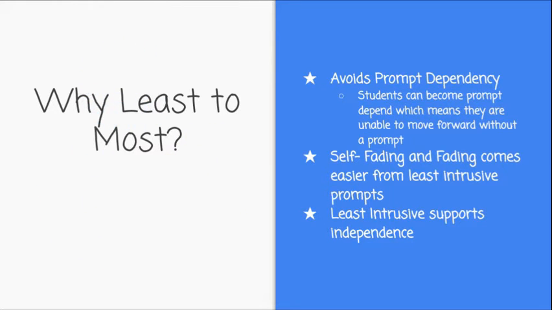And fading the prompts doesn't necessarily need to be an IEP goal because that's really modifying our own behavior to support the student as we get into them becoming more independent. So this can either be a self-fading or again a staff fading, and that comes easier from least intrusive prompts.